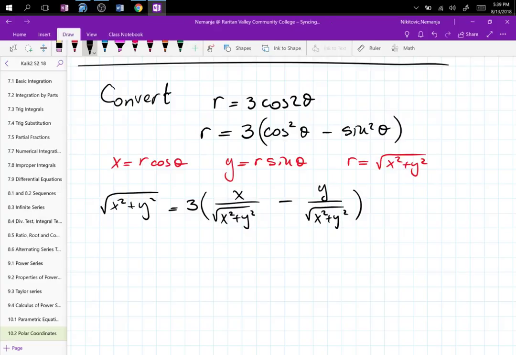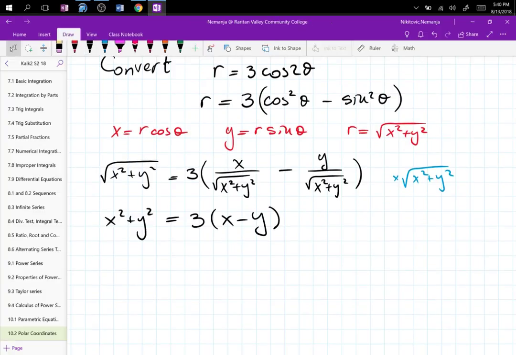So the initial conversion gives us this. Now we multiply both sides by the denominator to kill it, which will actually make this nicer. And we get x squared plus y squared on the left is equal to 3 times x minus y.